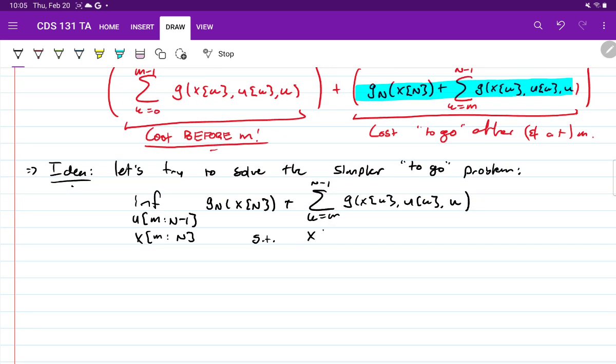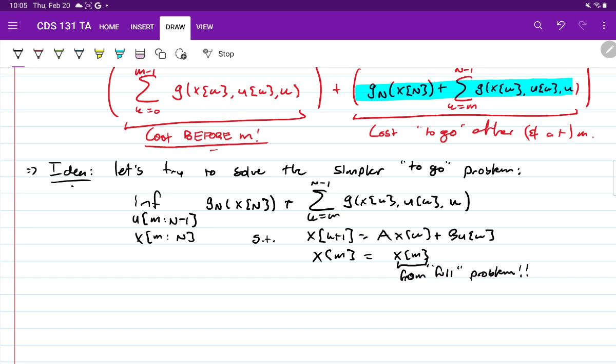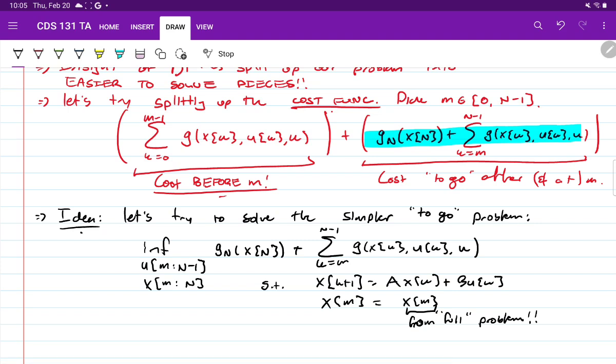It's going to be subject to our same dynamics, x at k plus 1 equals a times x of k plus b times u of k, and subject to x at time m being equal to xm from your full problem. Okay? So this is an easier to solve problem, right? And it really has the same sort of structure as our original problem, only now it's much smaller because we're starting from step m instead of step 0, okay?